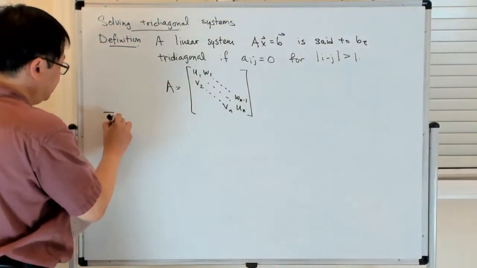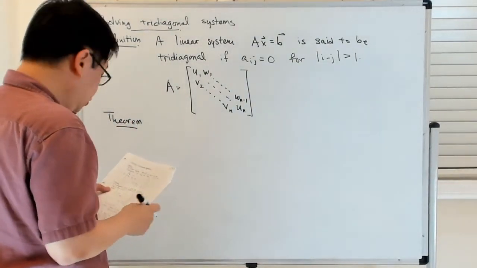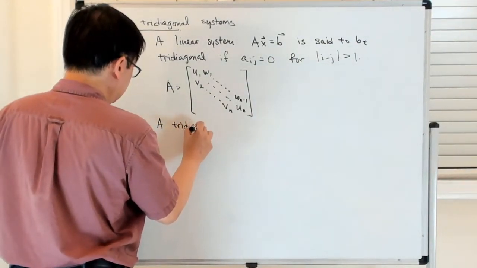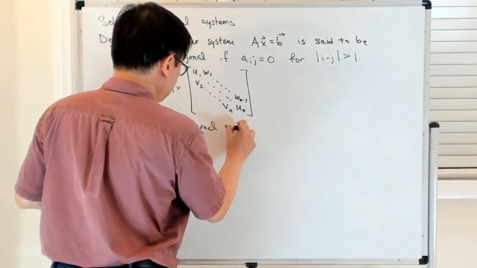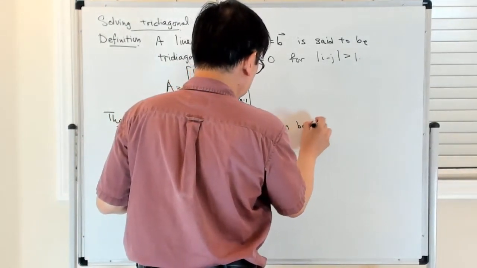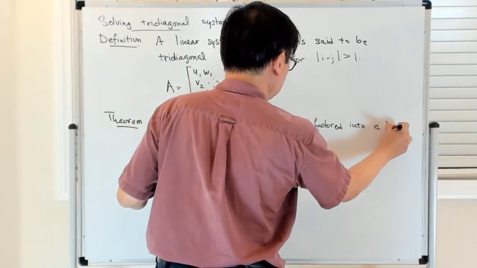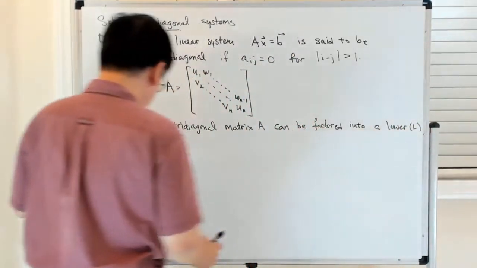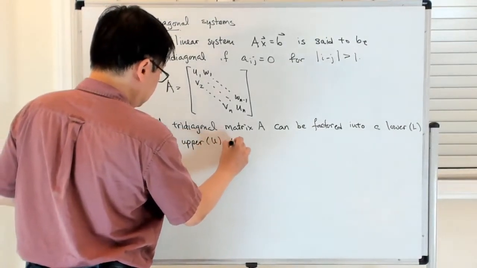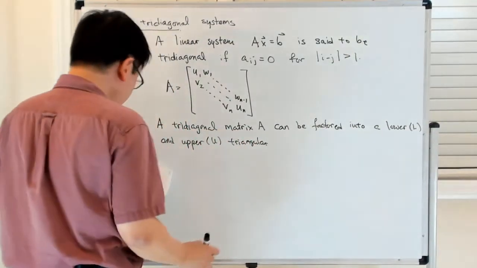so let me state the following theorem about tridiagonal systems as it relates to LU decomposition. A tridiagonal matrix A can be factored into a lower L and upper triangular matrix as follows.